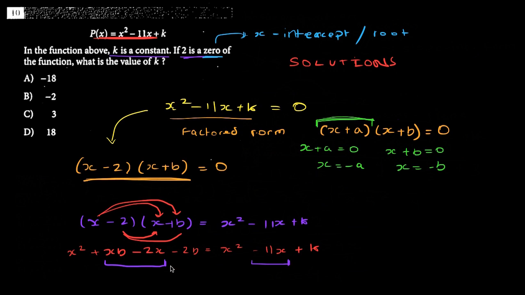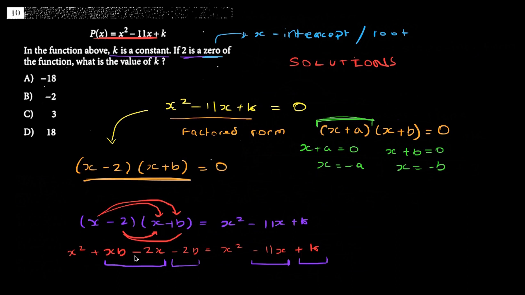And I know this minus 2b and this k are going to be equal as well. Why do I know that? It's because both these quadratics follow the general form. So I know these x terms are going to be minus 11x, and I know this constant term is going to be that k.